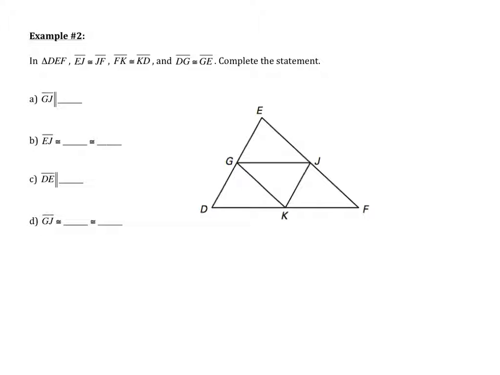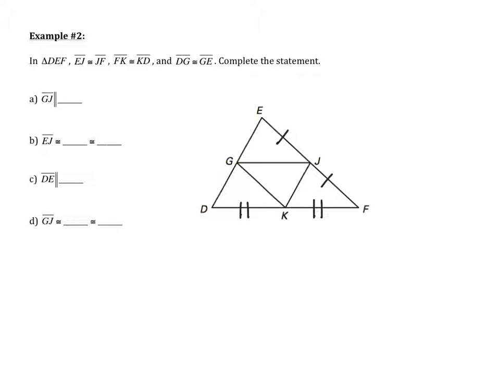Here's another more in-depth look at the midsegment theorem. Example number 2. In triangle DEF, EJ, which is this segment right here, is congruent to JF, so I'm going to mark that. FK is congruent to KD, so FK congruent to KD.